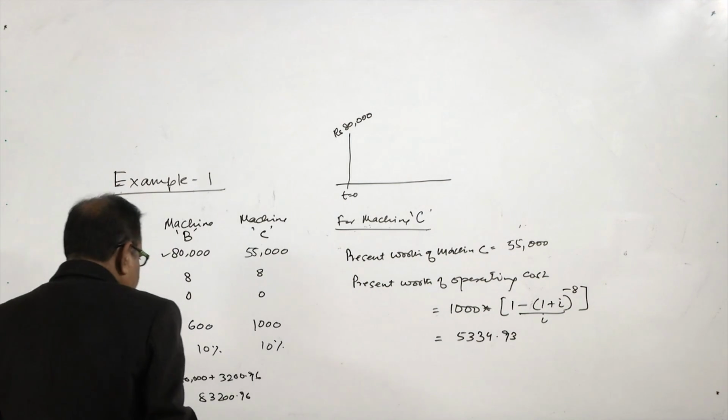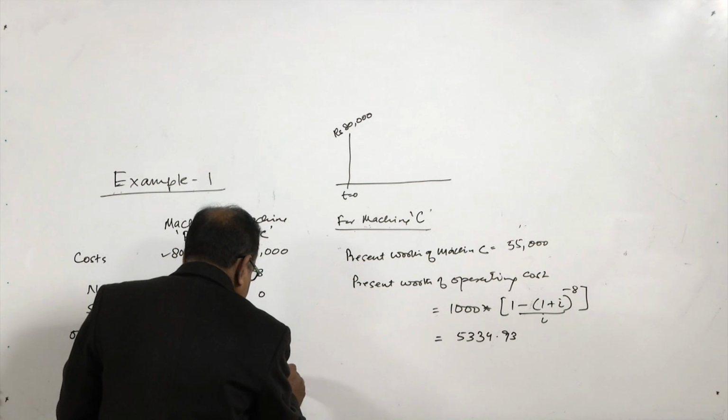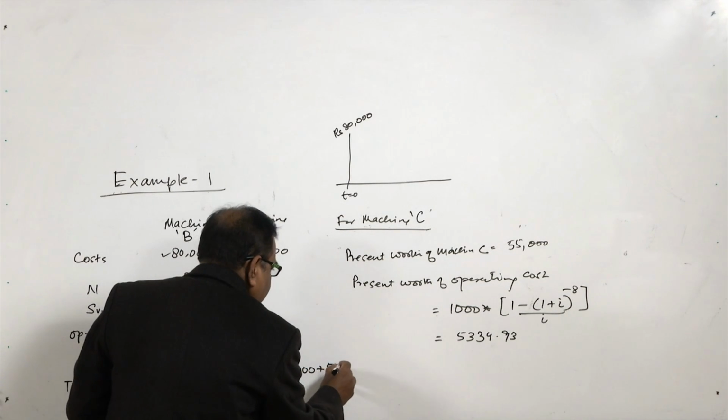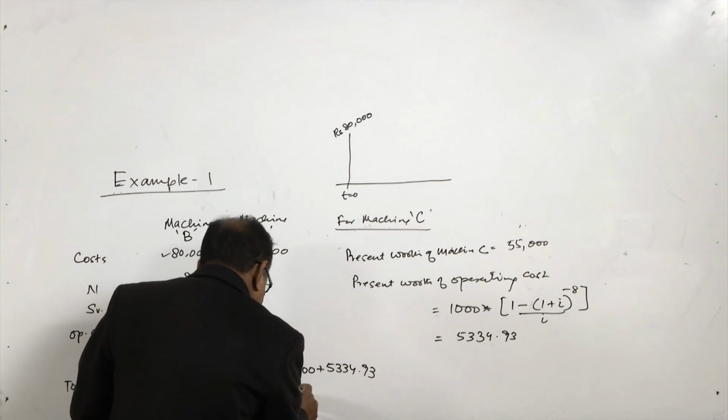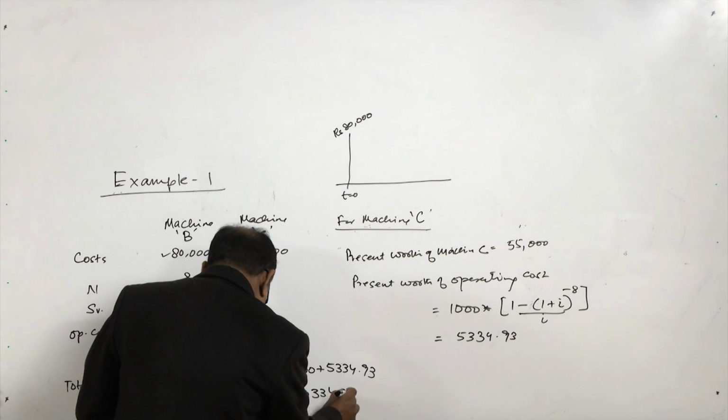So, the present worth of machine C is 55,000 plus 5334.93, which comes out to be 60,334.93.